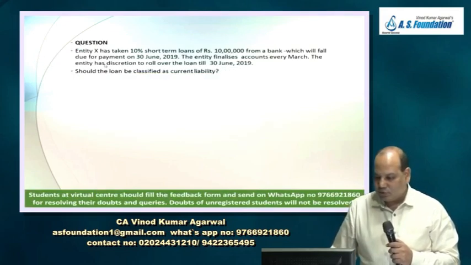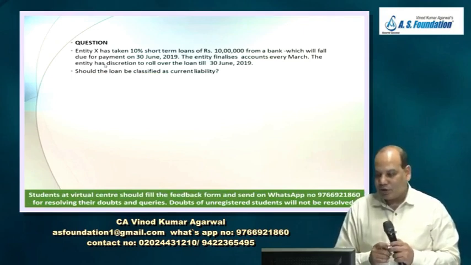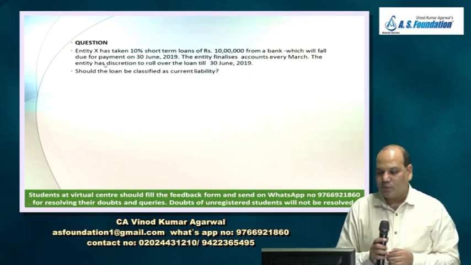Okay, now we'll solve one question. Number 5. Entity X has taken a 10% short-term loan of rupees 10 lakh from a bank which will fall due for payment on 30th June 2019. The entity finalizes accounts every March.